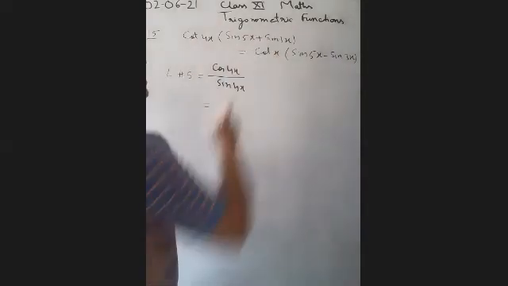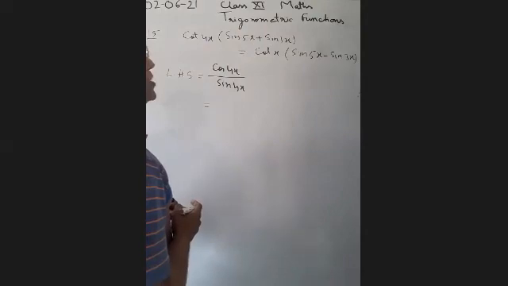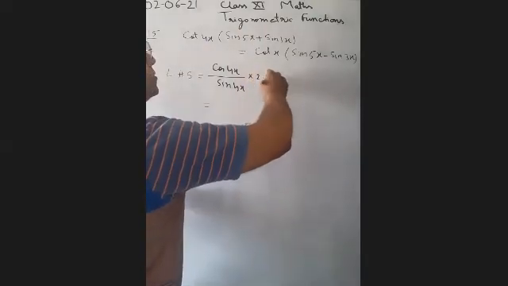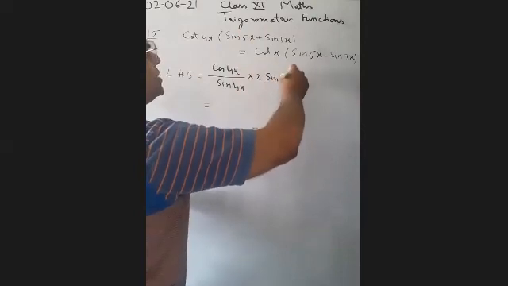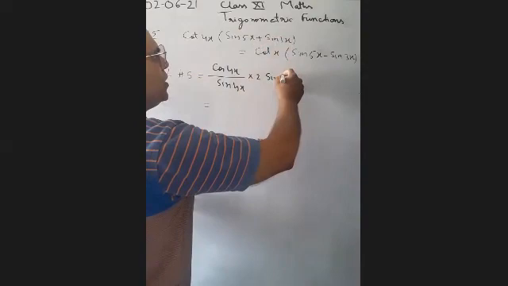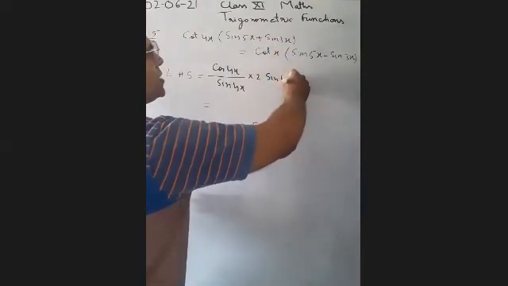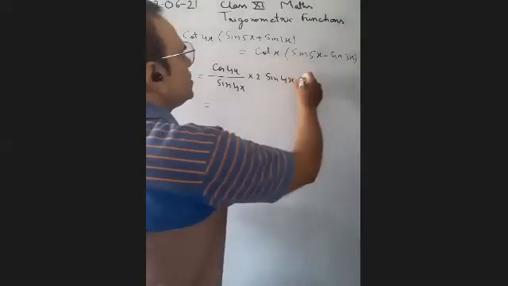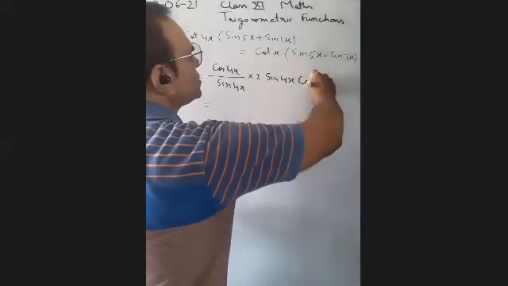Here we are applying the formula sin C plus sin D, which will be equal to 2 sin (C plus D) by 2, that is 5x plus 3x, which is 8x divided by 2, we will get sin 4x. If we subtract, we will get cos x.